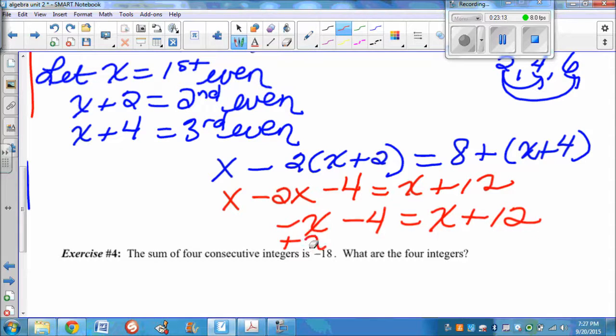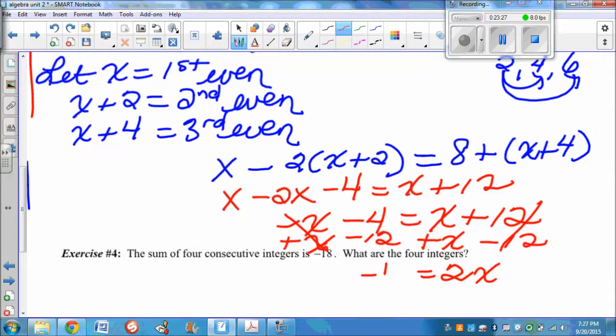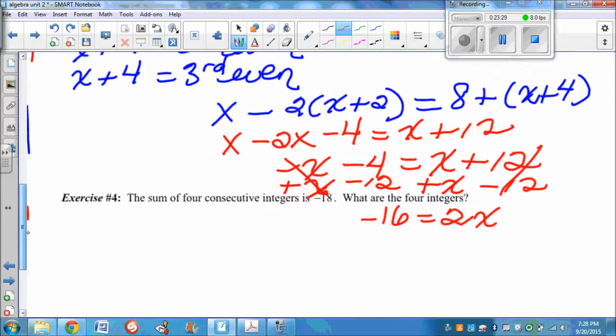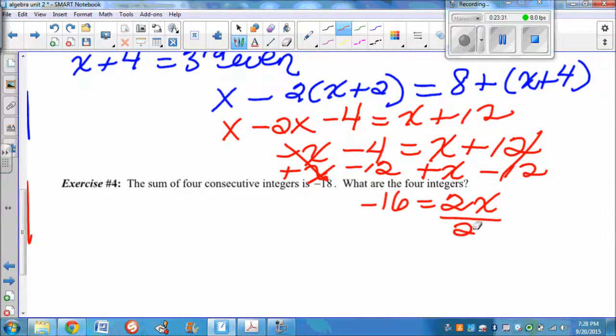I probably would add x to both sides and then subtract 12. So I get 2x equals negative 16. Divide by 2. X is negative 8.